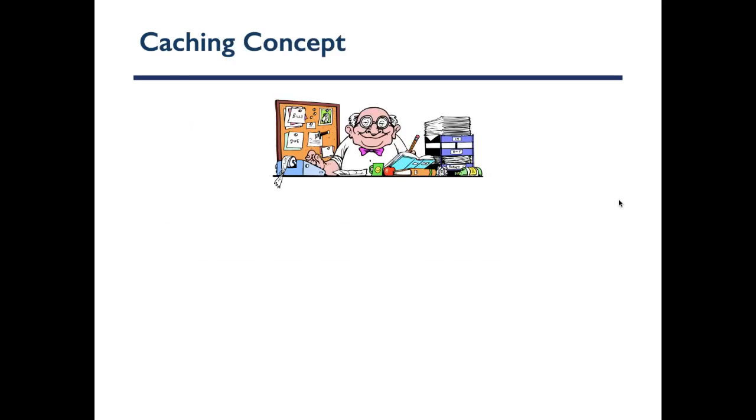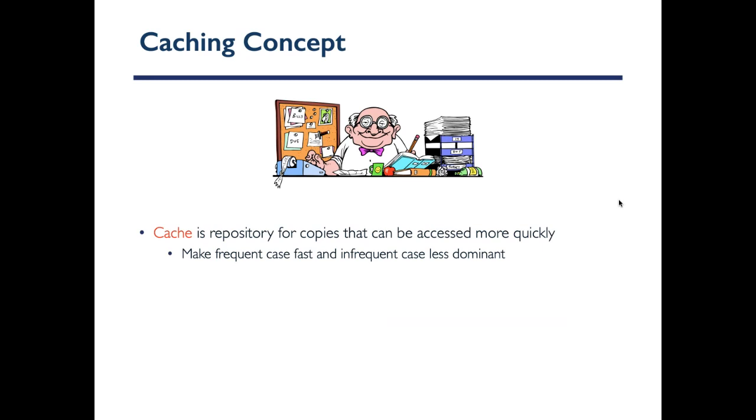Okay, so let's talk about the concept of caching. So cache, what is it? It's basically a repository of all the things that could be accelerated, that we access so much, so we can actually have a repository of them to accelerate accessing them.